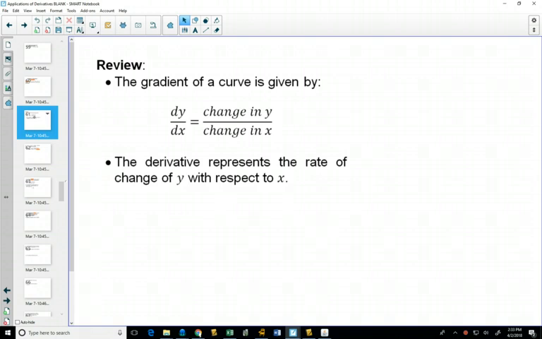That's right. So, a little bit of review. We already know what the derivative is. The derivative is an instantaneous slope. It's the slope of the tangent. It's the instantaneous rate of change, dy/dx, change in y over change in x.